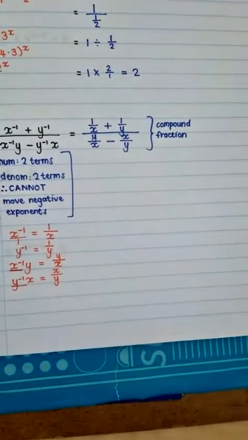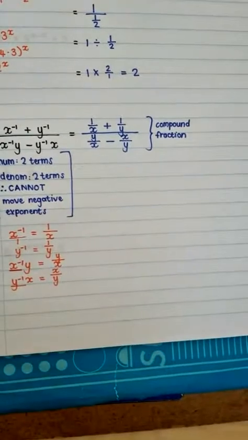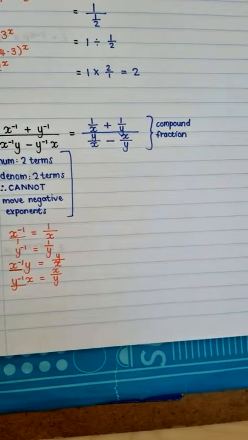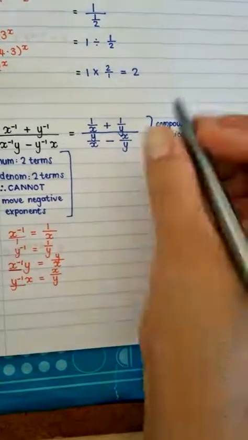And a nice way of simplifying a compound fraction, which you might not have done in grade 10, some of you might have, but a method that you are going to have to use quite a lot in grade 11. You don't have to use it, but it makes it much easier when you're working with a compound fraction.